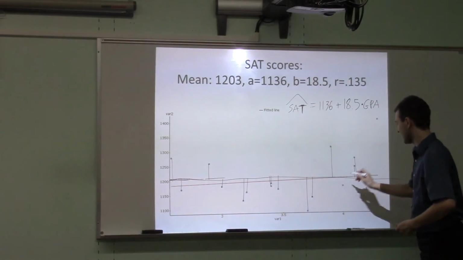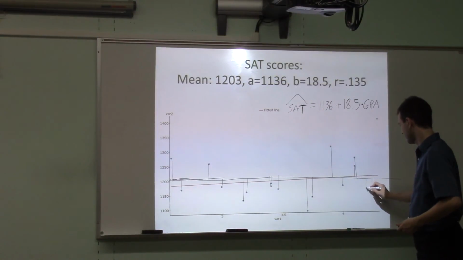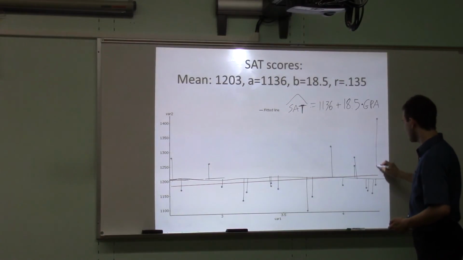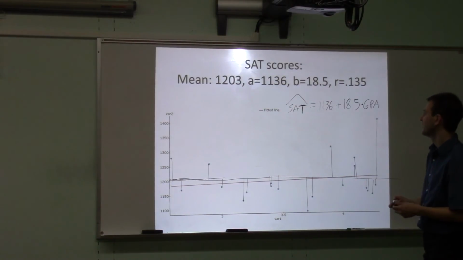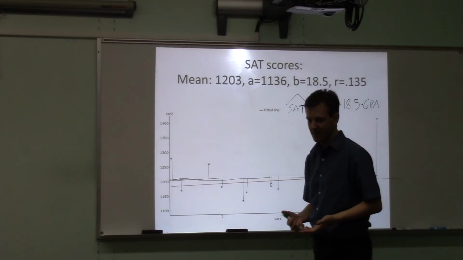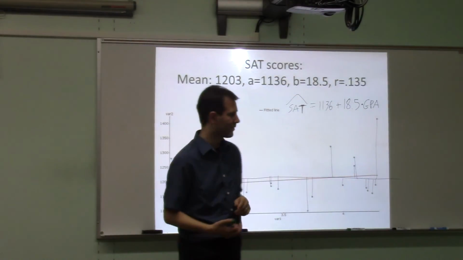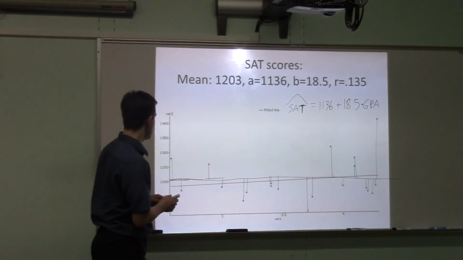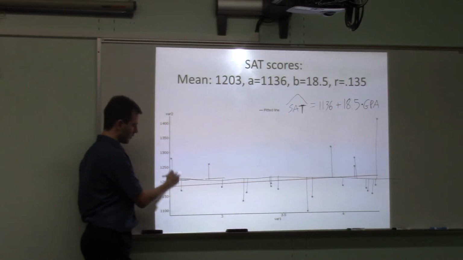Let me finish this actually. Here's my dumb regression line. It just assumes the average is going to be 1203, and everybody's best prediction is 1203, and I miss by a fair bunch. Now, how much do I miss if I use the regression line instead?